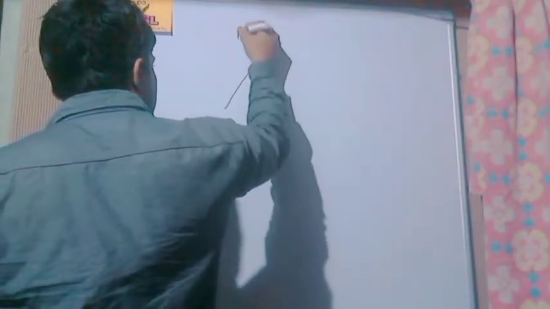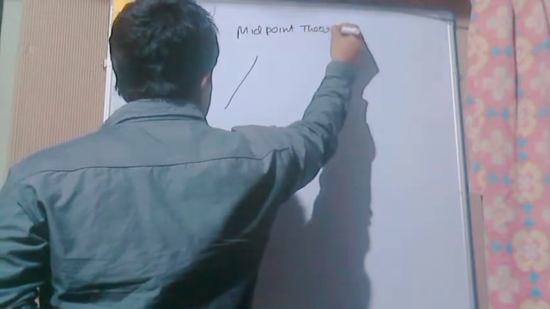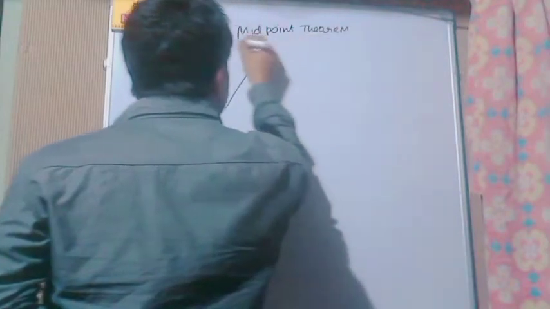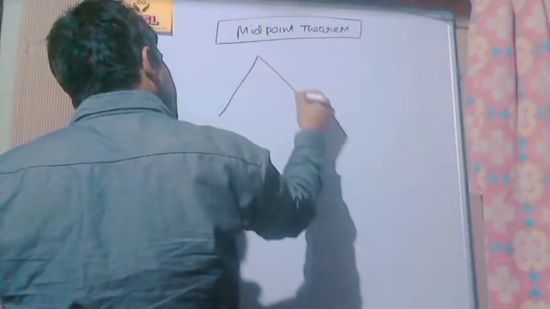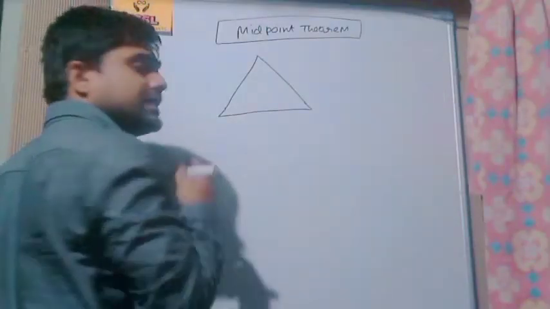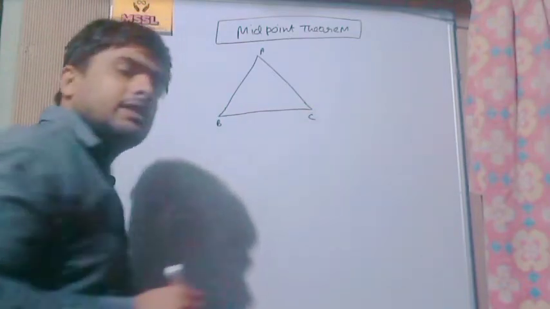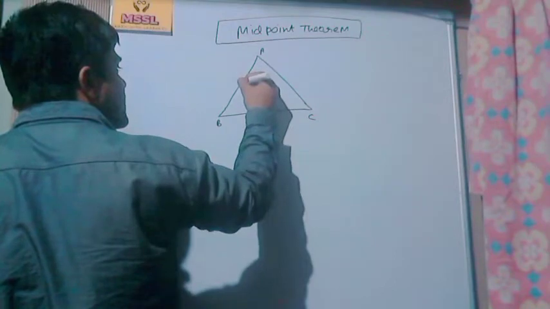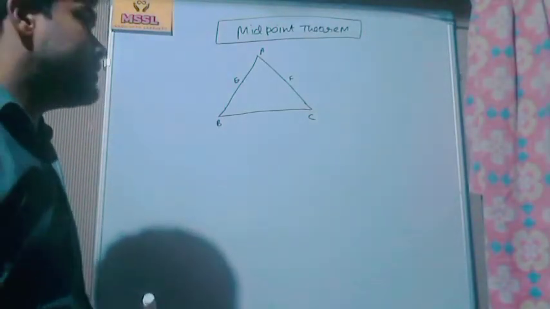So the midpoint theorem, what it says is that if a triangle is given, something like this, and let us name it A, B, C, and E and F are given as midpoints.